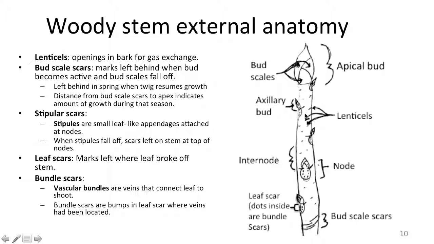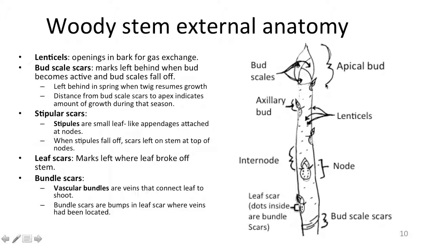Second, we will talk about bud scale scars. Bud scales, remember, are these hard protective coverings around the apical meristem. Each year, after the winter, when the apical meristem becomes active again, these bud scales fall off. However, the point where they were attached to the stem leaves a mark.